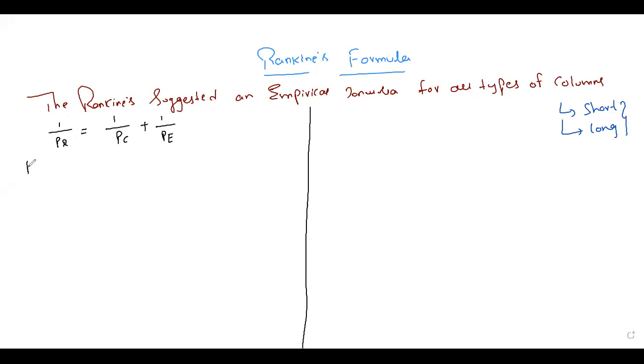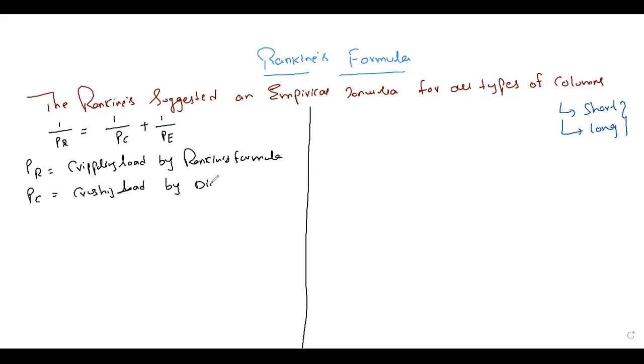Where PR is equal to crippling load by Rankine formula, which is a combination. PC is equal to crushing load by direct stress.